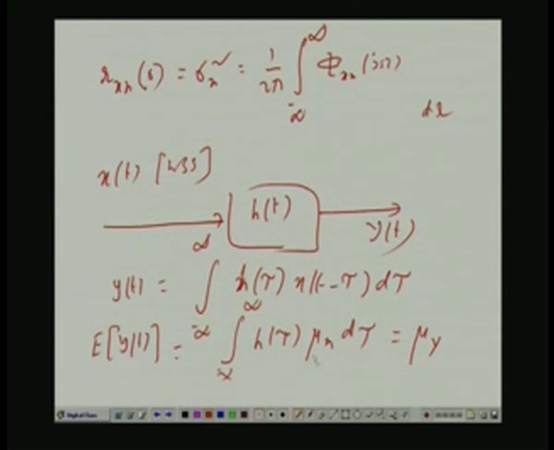Now, you consider the case with correlation. R y y, say, between two points t and t minus tau.